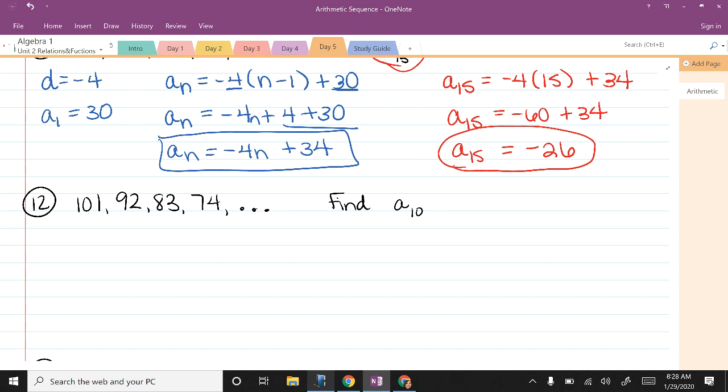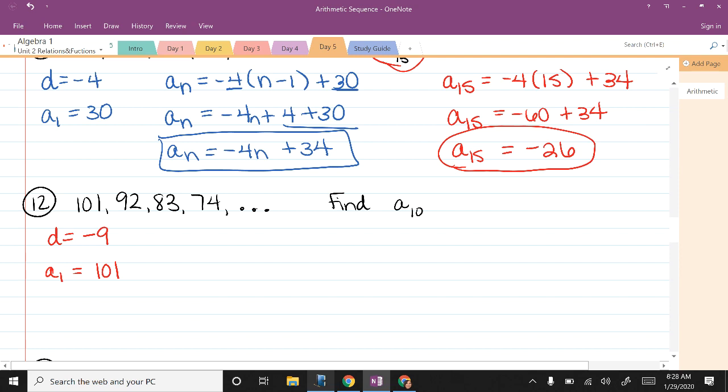All right, what 2 things do I need for my sequence? Common difference and my A1, right? What's the common difference, y'all? -9. Y'all agree it's going down by 9 every time? So -9. And what's the first term in my sequence? 101.